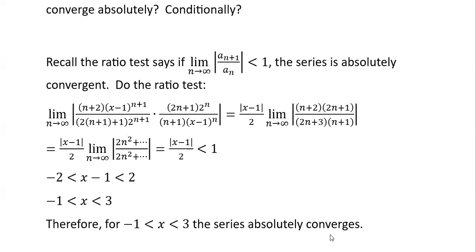Okay, but we're not done though. Remember in the other problems, to find interval of convergence, we check the endpoints. And if you remember, sometimes both the endpoints converge. Sometimes both the endpoints diverge. Sometimes one of the endpoints converges, one of the endpoints diverges. Hopefully this is piecing together now in your mind.